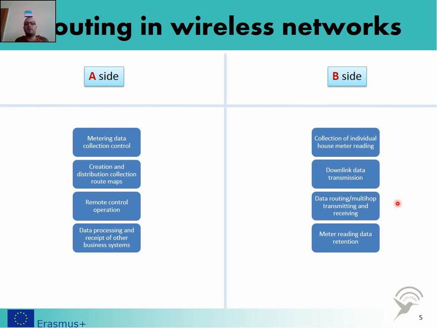The data routing is a multi-hop method, as I mentioned before. Of course, it's bidirectional, so both receiving and transmitting. And here is also the meter reading data retention.